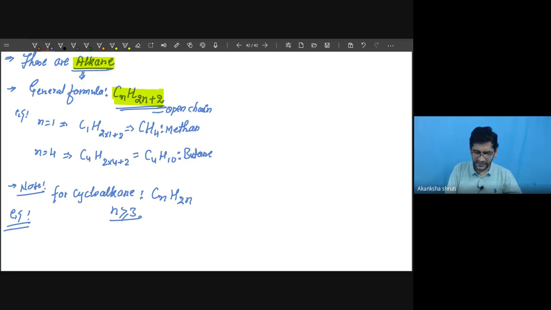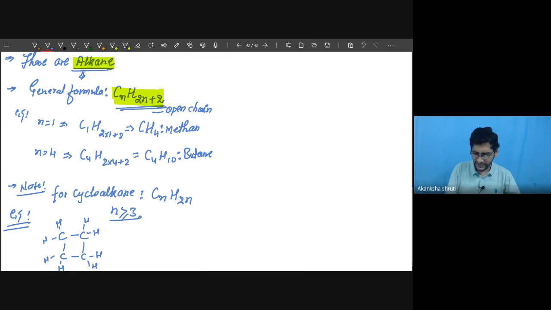If you are taking this as 2, it will always be linear, and that will be the alkene. So you may see like this: carbon, carbon, carbon, carbon. It is the cyclic one. For fulfilling their valency, 2 hydrogens can be put on each of these carbons. Consider this.